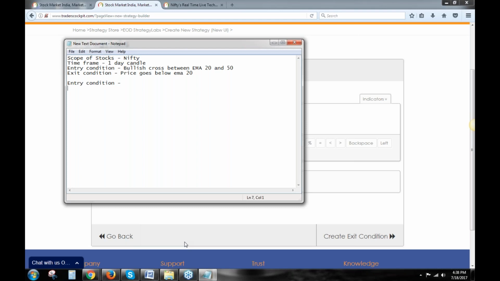Now, when do you define a crossover condition, for example in this case of 20 and 50?